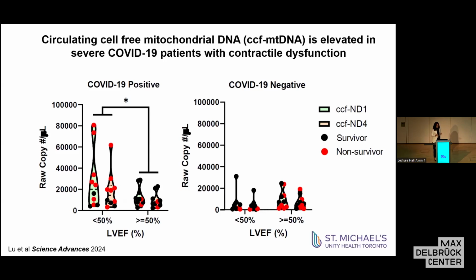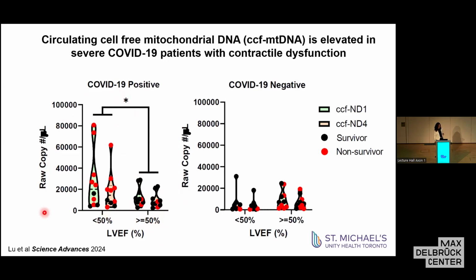And so when we measured free mitochondrial DNA in these samples, these are the data that we obtained. If we look at COVID-negative ICU patients, free mitochondrial DNA is pretty low. If we look at COVID-positive ICU patients, and then we break them into two groups, those that have left ventricular ejection fraction higher than 50%, those are patients who don't have affected cardiac function, and then we compare that to those who have ejection fraction under 50%.